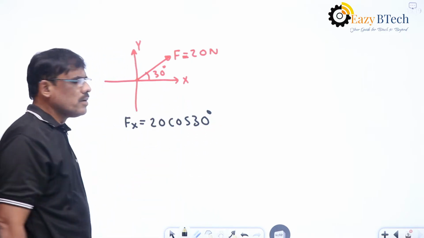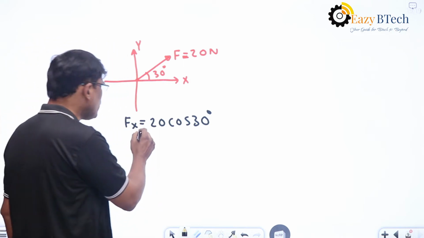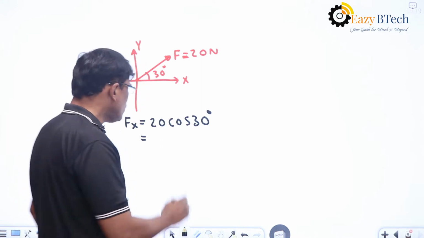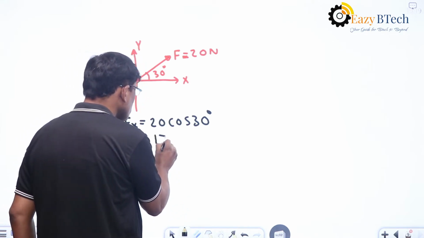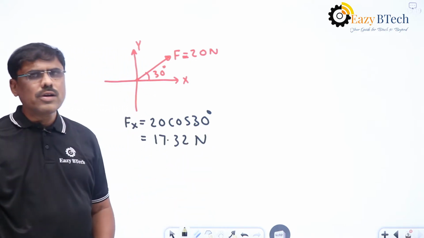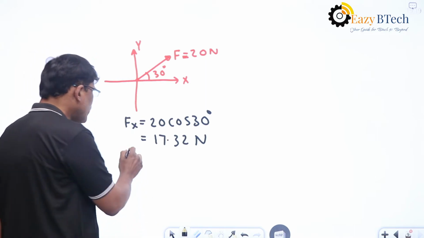I told you that it is making angle 30 degrees with x-axis. So it is 20 cos 30 degrees, and this value is 17.32 newtons. Then what is the y component?